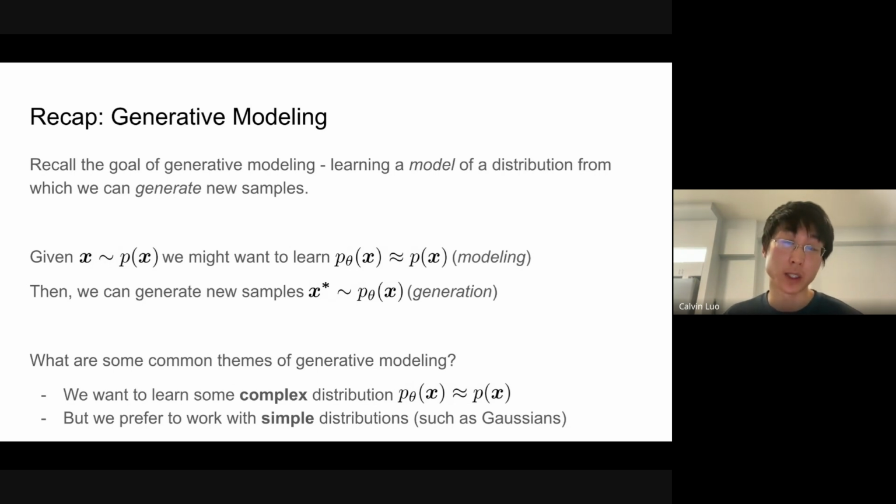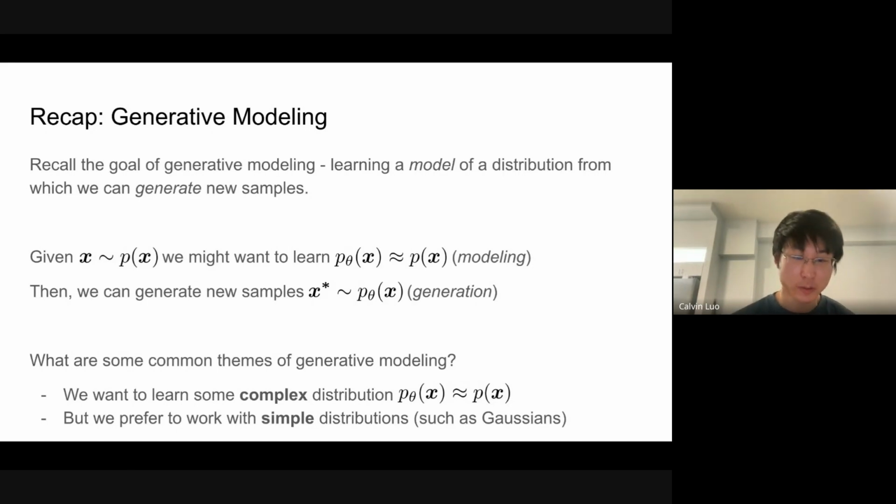So we want to learn p_theta(x) that's approximately equal to p(x). That's the modeling portion. And after we've modeled something well, we also want to generate new samples from this approximate distribution, hopefully in a very cheap way, using our approximate model, and that's the generation step. So generative modeling is always tied with modeling and sampling.